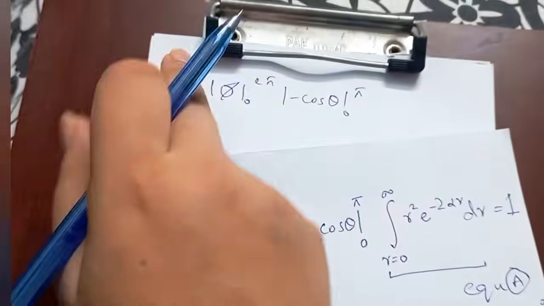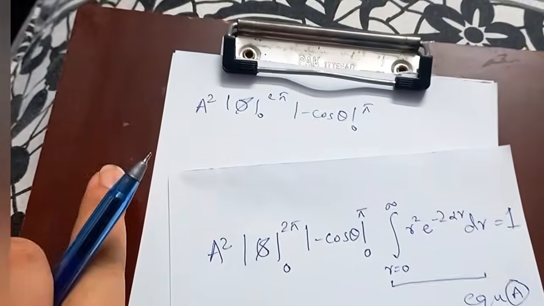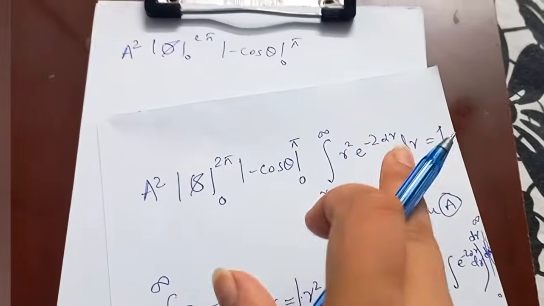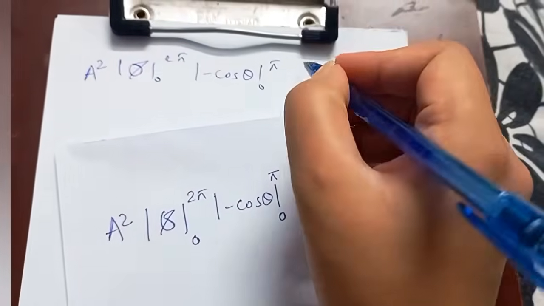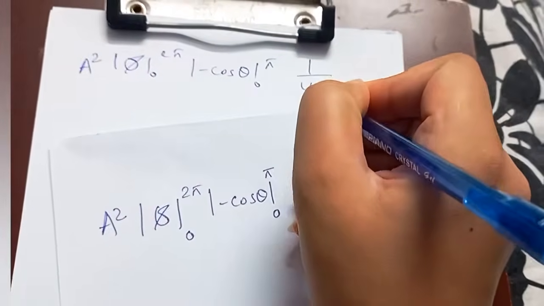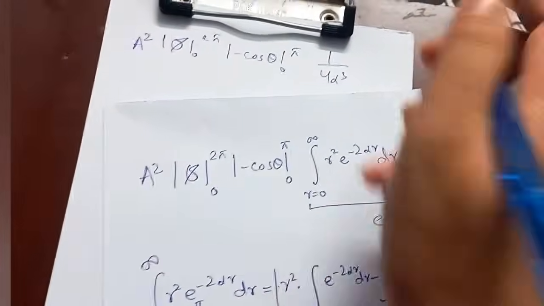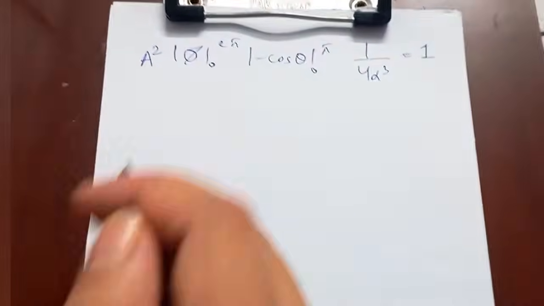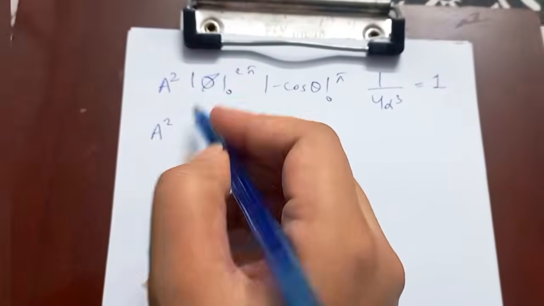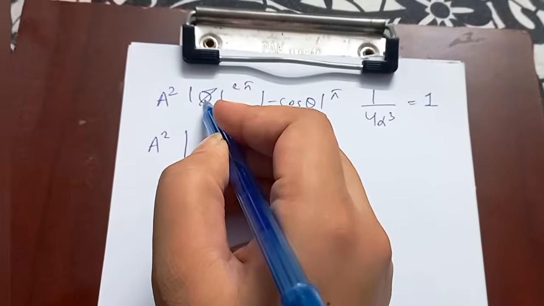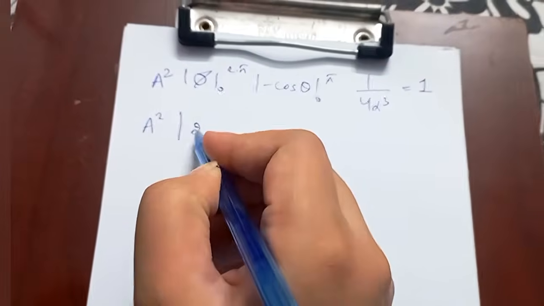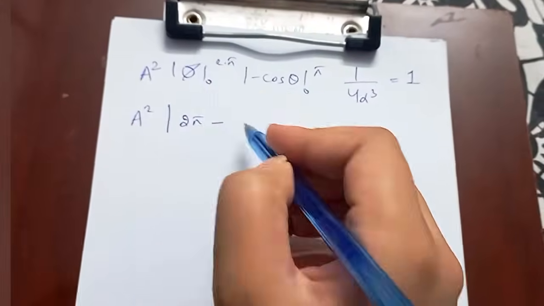You can write here, putting this integration value right into equation number A. So here we'll write 1 over 4 alpha cube as the value of this integration. Let's put the value of the limit of integration in phi. In place of phi we'll write upper limit, which is 2 pi, minus lower limit, which is 0.